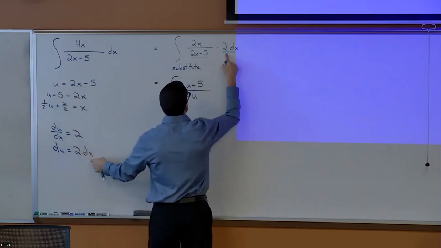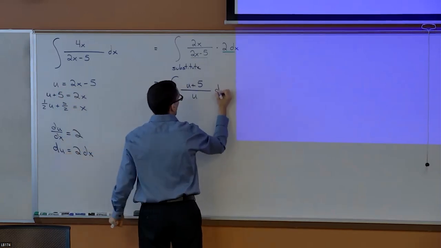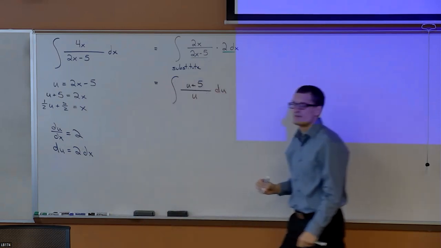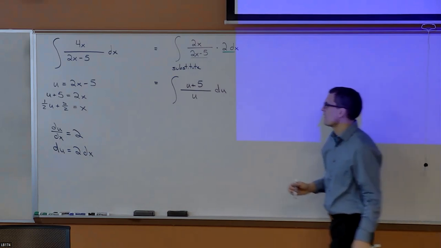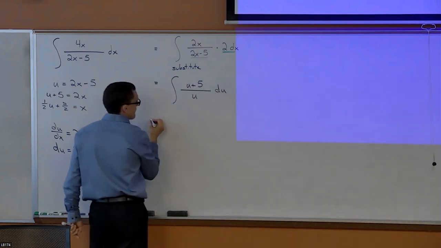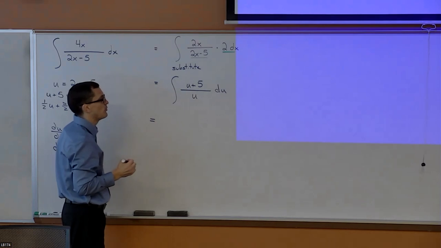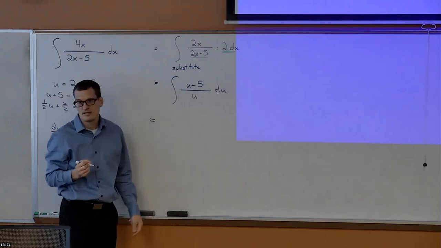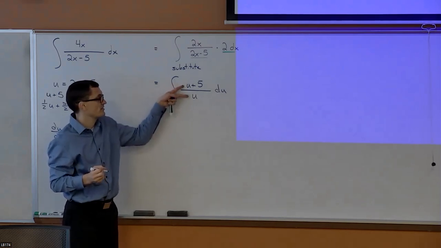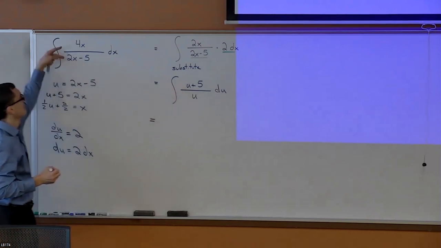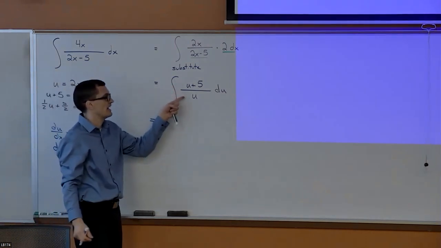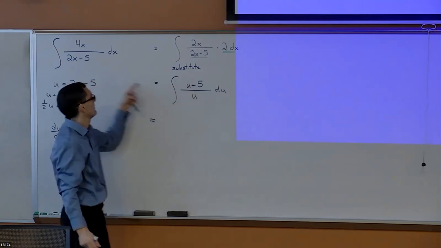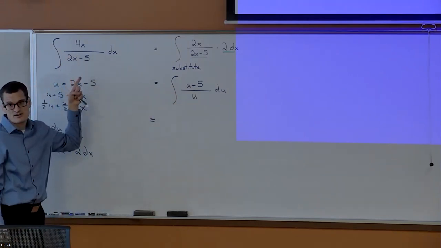And then the 2dx gets replaced with a du. Now I want to rewrite this before I integrate. Because you might say this doesn't look that much better than this. But it turns out it is. It's much easier to divide here than it is to divide here.